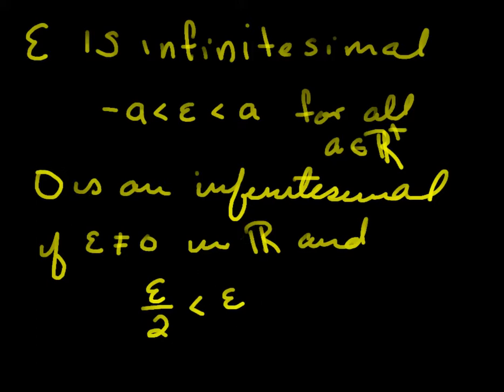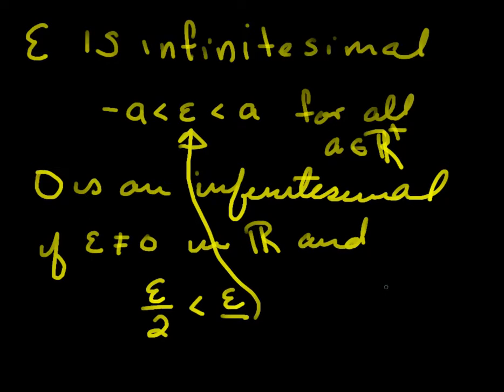And if epsilon's a real number, and I divide it by 2, it also is a real number. And so this cannot satisfy the above definition. So 0 is our only infinitesimal in the reals.